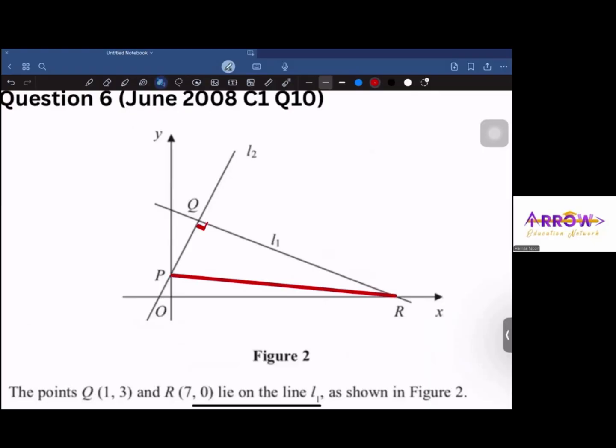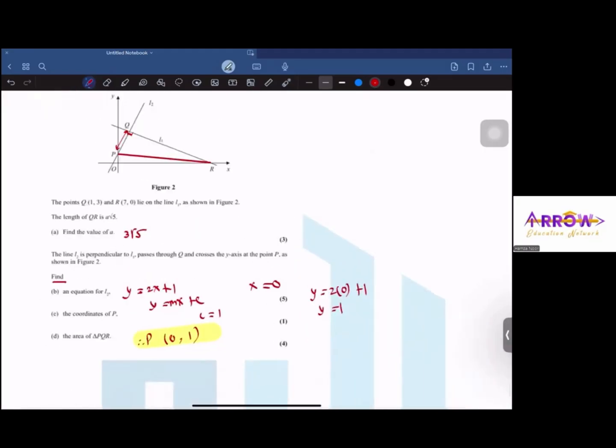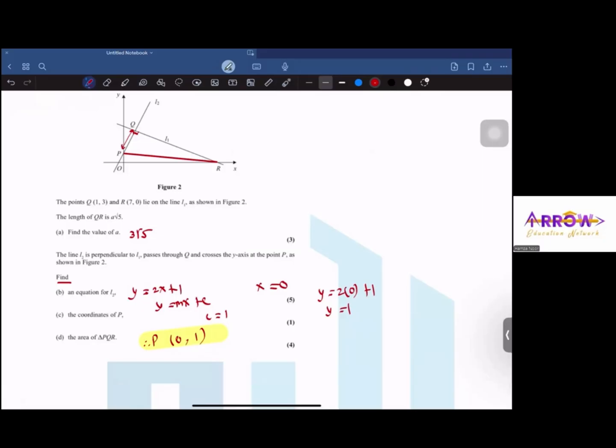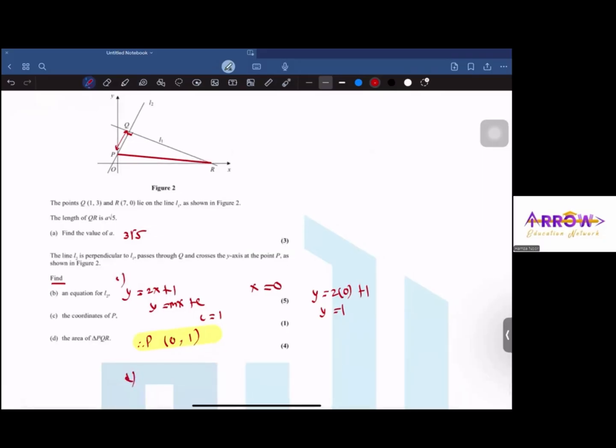So the base of the triangle is PQ. First of all, I'm going to find the base of the triangle. Here's the working for part D. The magnitude of the line PQ, or you can simply say the length of the line PQ, is the square root of x2 minus x1 whole squared plus y2 minus y1 whole squared.